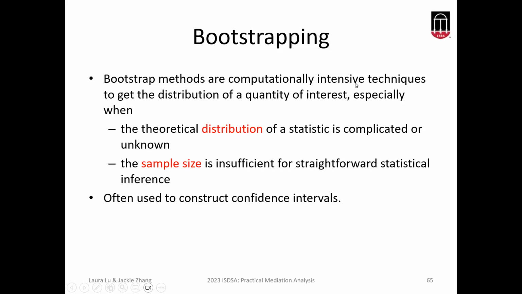Finally, we can get a distribution of a quantity of interest. So it's very useful when the theoretical distribution of a statistic is complicated. Sometimes we cannot assume it's normal, then we can try the bootstrapping method. Or if the sample size is insufficient, not large enough, then we can use the resampling method.